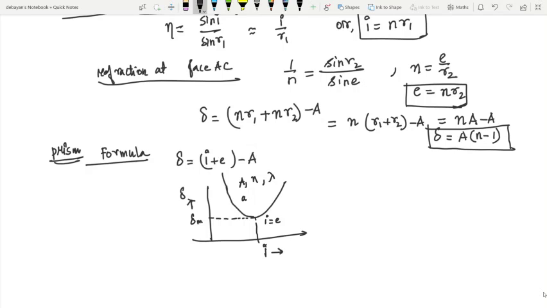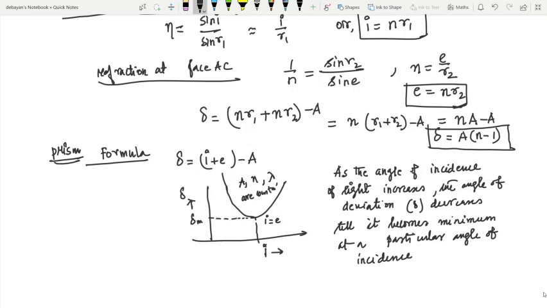And at that particular angle of incidence, the minimum value of the angle of deviation is called the angle of minimum deviation.